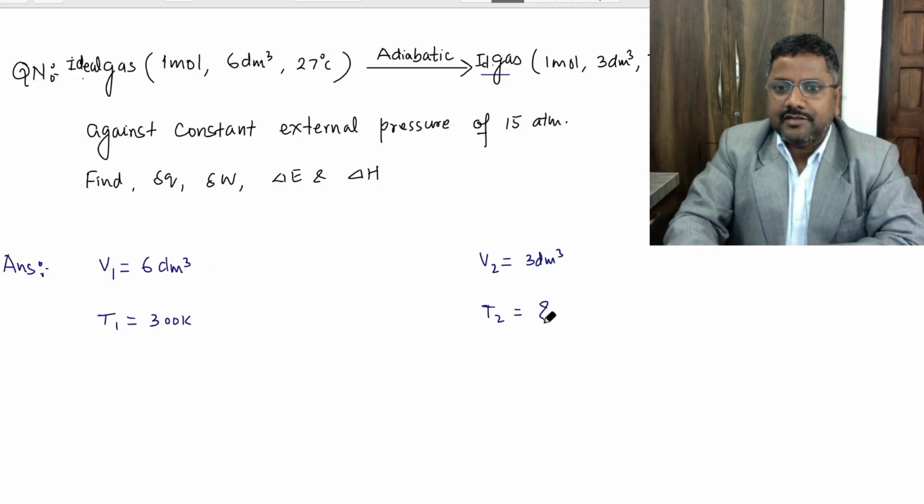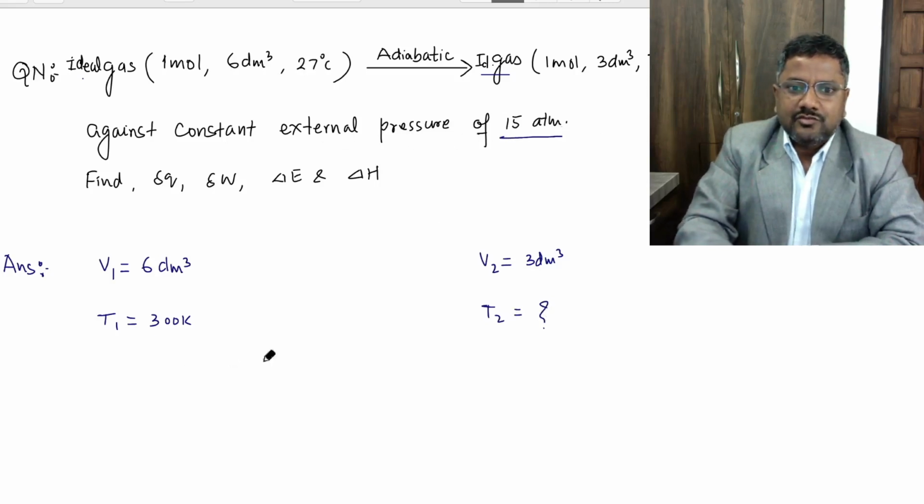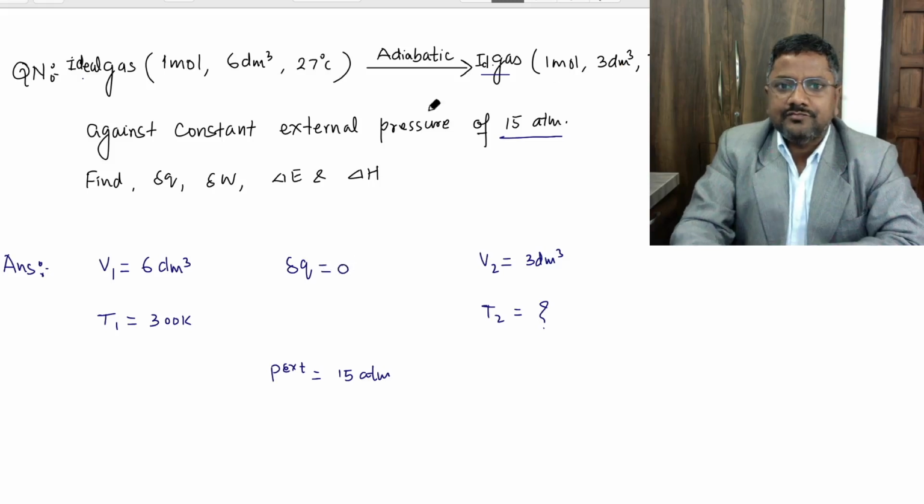So final state temperature you do not have. Against constant external pressure 15 atm. So P external is given, 15 atm. Process is adiabatic, so delta Q is equal to 0, right?